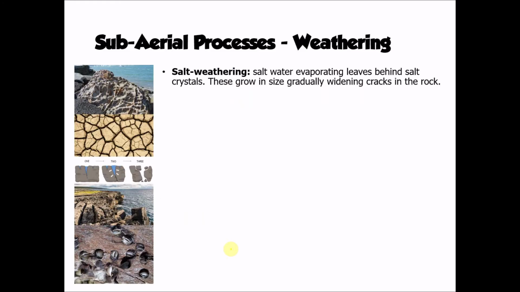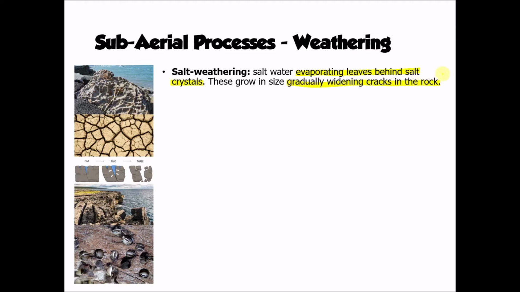If we have a look at some examples now of the processes of weathering that particularly operate on the coastline, one prominent feature is what we call salt weathering. This happens when the salt water from the sea, we know the sea is salty, the evaporation of that water leaves behind salt crystals. Those crystals grow and they gradually help to widen cracks in the rock.